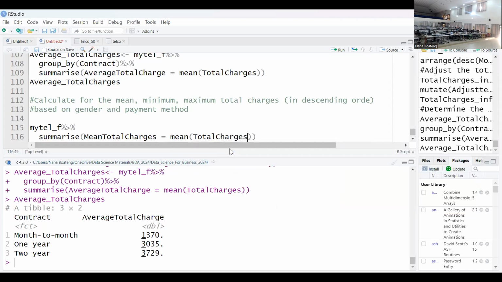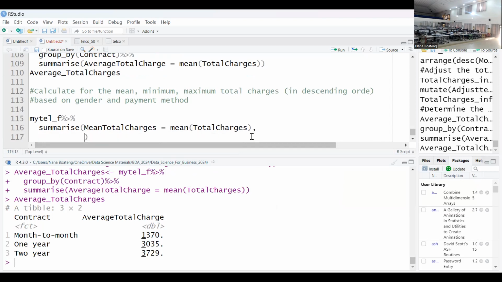And then we also want the minimum total charge. So you bring a comma here. Minimum total charges is equal to, so here we use min. The function is min for the minimum.